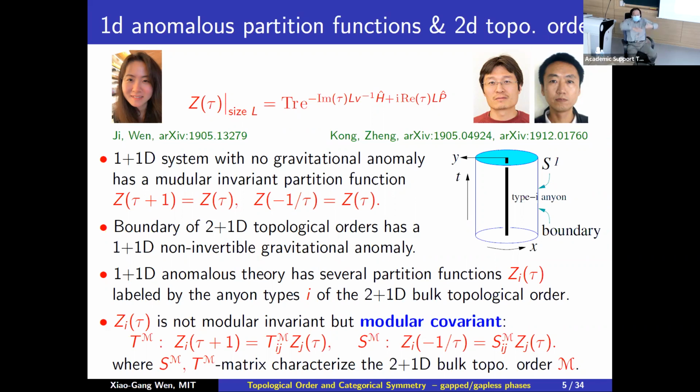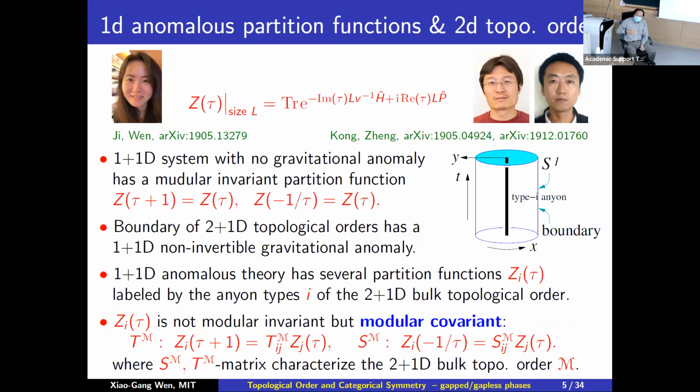So usually for the partition function we just take the trace, but here, before we take the trace, we translate, then we take the trace. This additional twist by translation describes the real part of tau. That gives us a slanted space-time because of this additional translation. And so this partition function is the data for a 1+1D system.